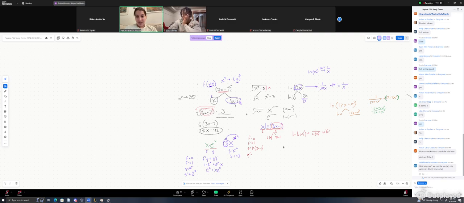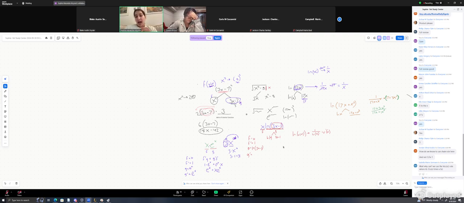And I am delighted to point out that that is actually chain rule. That is exactly what we're doing. This is just a specific rewriting of chain rule for natural log. And it's going to work out just like that. So I'm glad you know that rule.